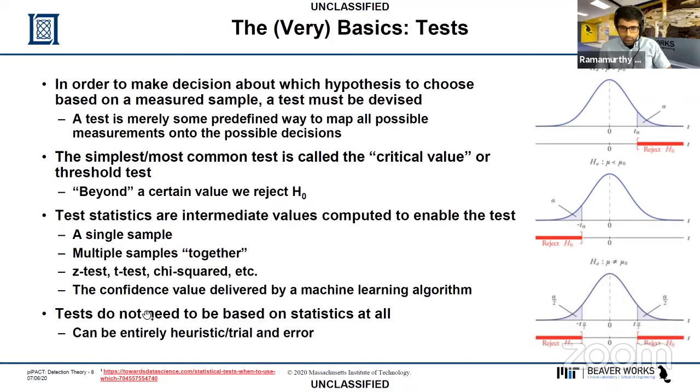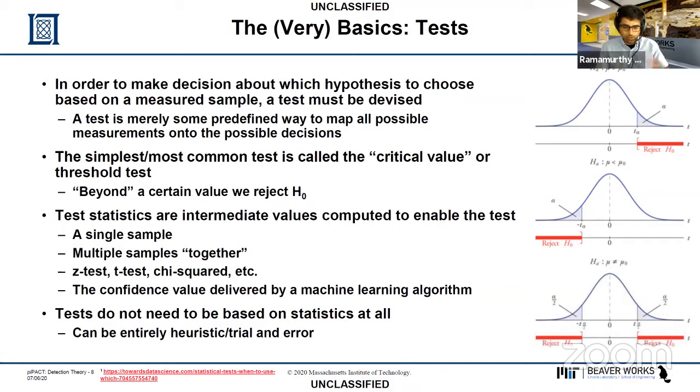So the bottom line is tests do not need to be based on statistics at all. I said it was just a way to map measurements onto decisions. You don't have to create actual statistics. Maybe the most naive test you could do in a binary hypothesis test is flip a coin.